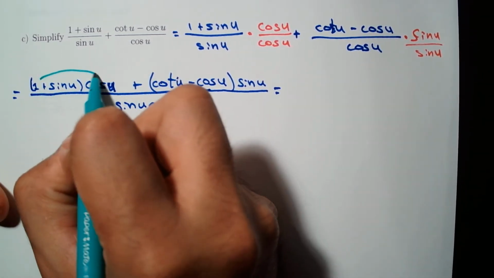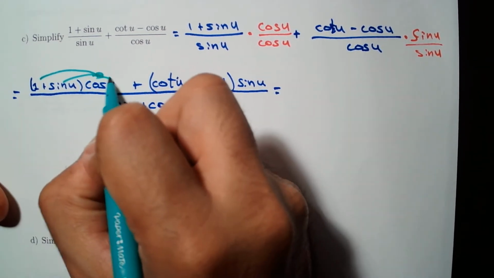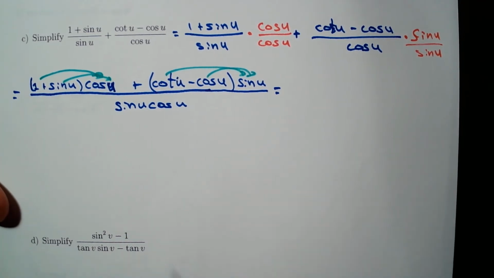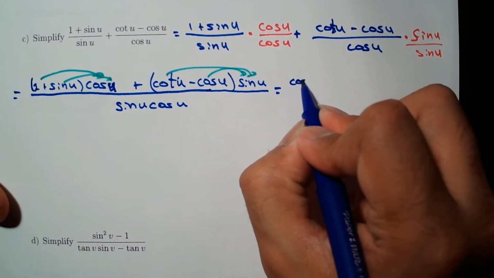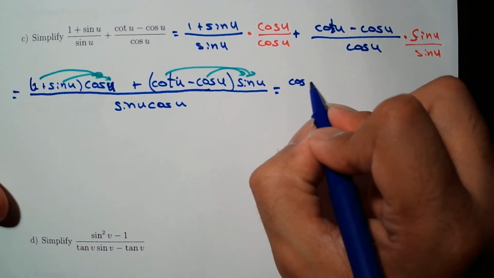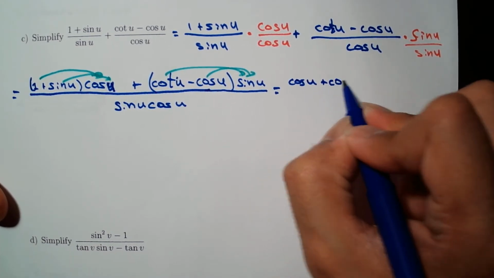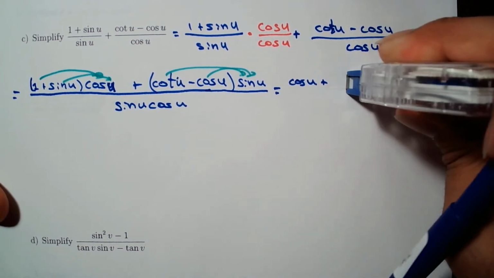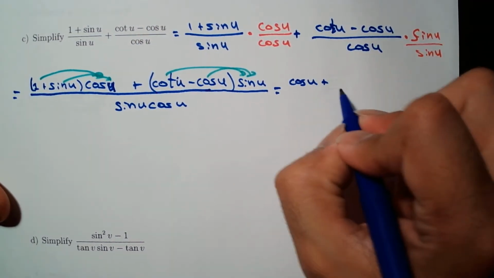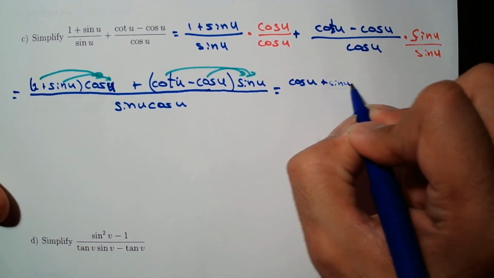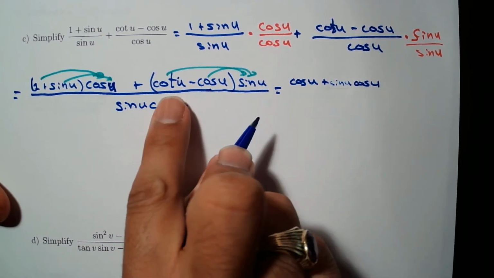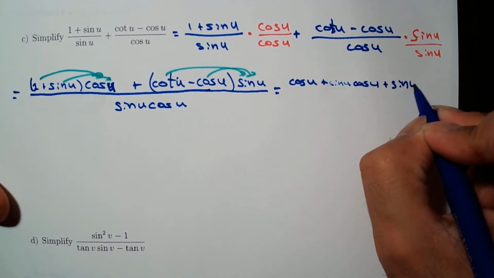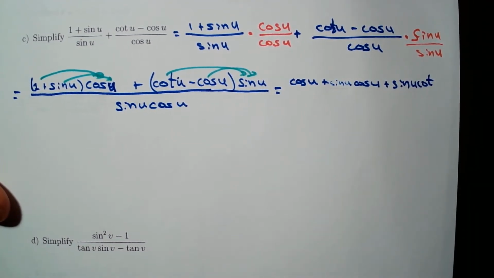So we need to distribute, and distribute. Of course. Cosine times 1, that's cosine. Sine times cosine, that's sine cosine. Let me actually fix this real quick. Sine. And then cotangent times sine, that's sine cotangent.